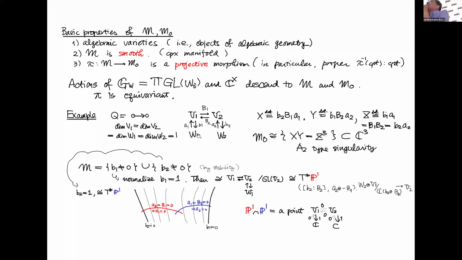So the categorical quotient is easy, and in fact, just like in the case of the trivial example, I consider the composite of linear maps starting from some vector space W1 or W2 to W1 to W2. So I have three such possibilities. The first one is X, which is B2 times B1 times A1.